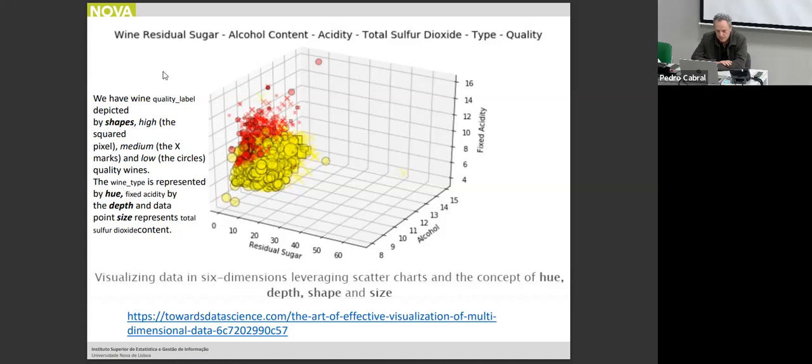Level of sugar, alcohol content, acidity, etc. Okay? So as you can see, this is a mess, right? Because you cannot distinguish almost anything if we start representing hundreds of items with multiple dimensions.